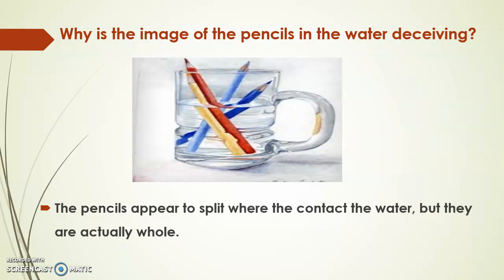No, they are not. It's just again an optical illusion. Please pause the video and try this experiment. Grab a couple of pencils and put them in a transparent cup of water. And send me what you saw there.